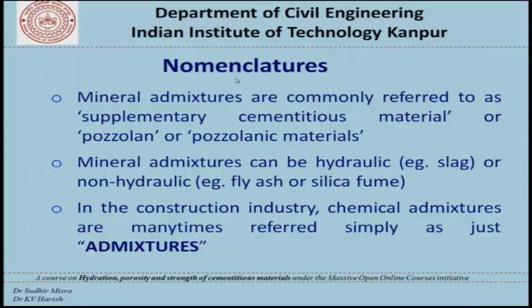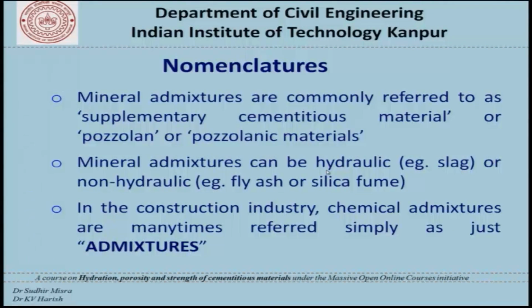Some nomenclatures that are used are as follows: mineral admixtures can many times be referred to as supplementary cementing materials or supplementary cementitious materials or pozzolan or pozzolanic materials. Mineral admixtures can be hydraulic or non-hydraulic.